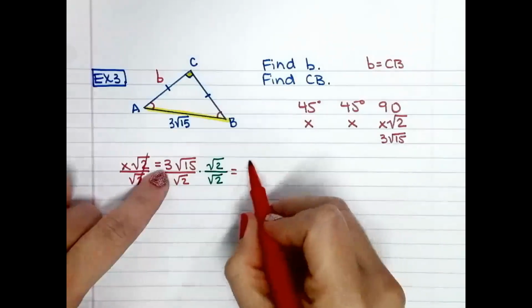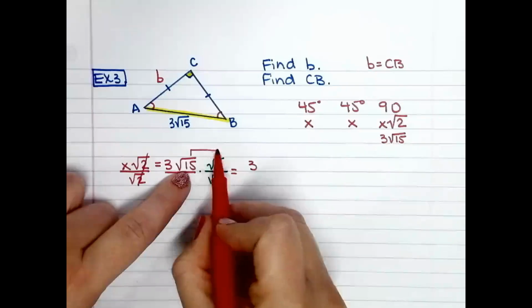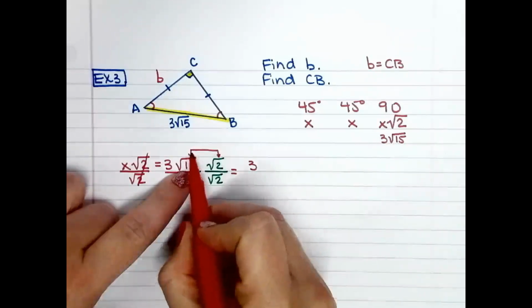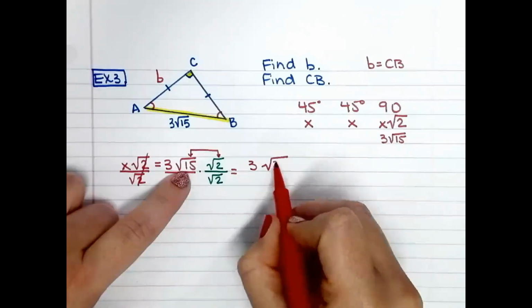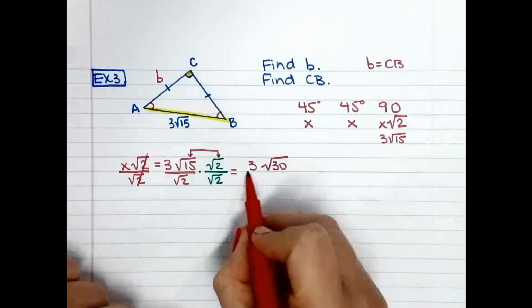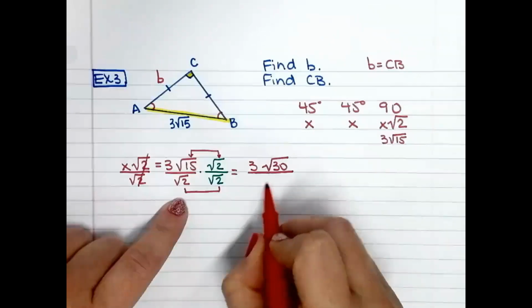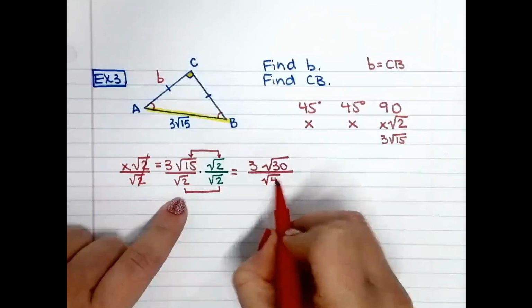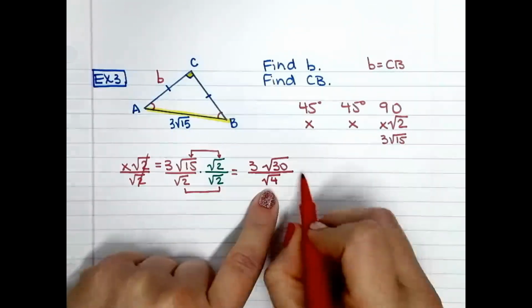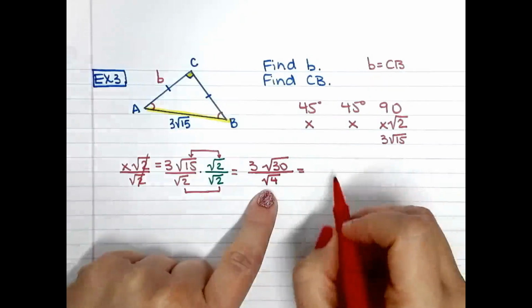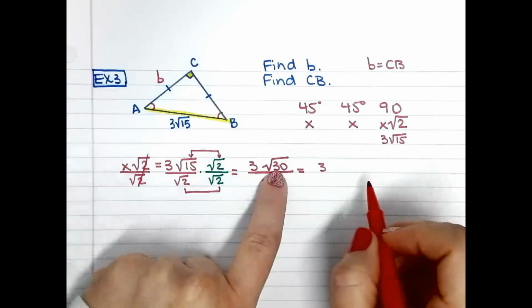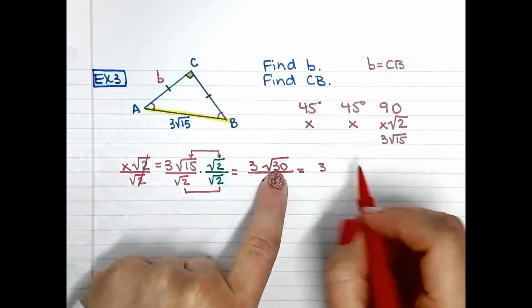So 3 remains there. Now you multiply square root of 15 times square root of 2. You get square root of 30. Here you have square root of 2 times square root of 2. You get square root of 4. Well, square root of 4 is a perfect square, so I would just simplify that. Can I simplify square root of 30? No, I can't.